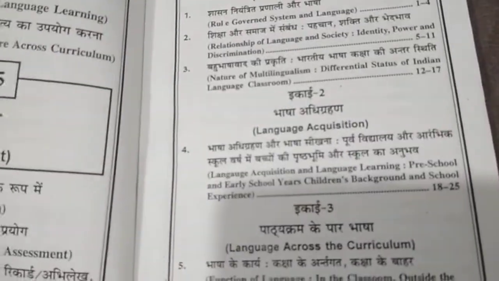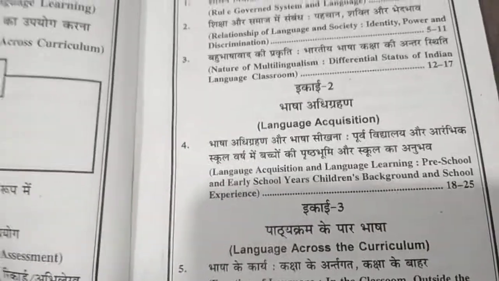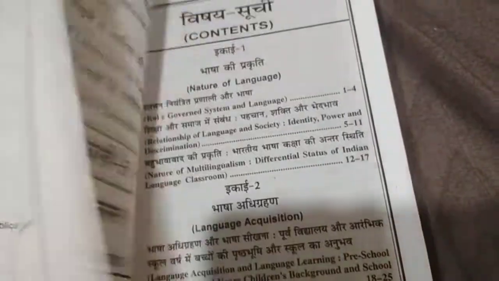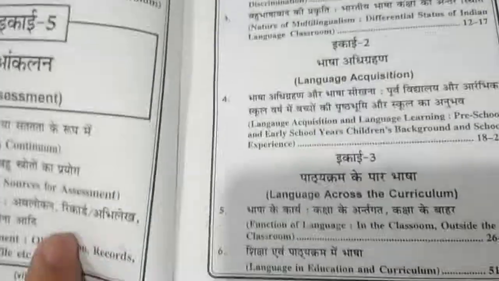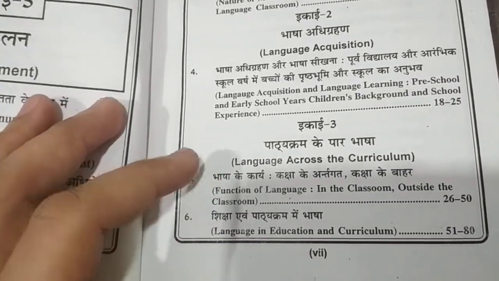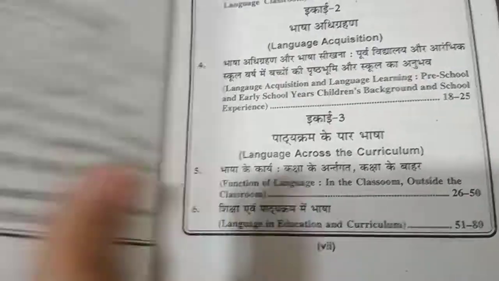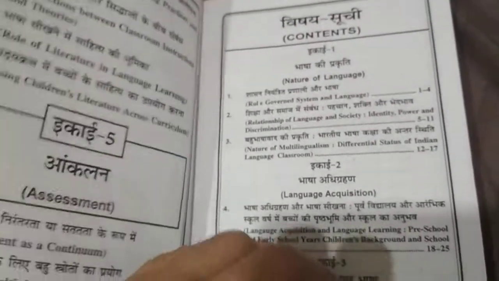It's completely there, so unit 1 covers everything of this syllabus. Unit 2, language acquisition, you can check with the syllabus. It's there. Unit 3 of the contents, language across the curriculum, function of language in education. It's completely verified with the contents.